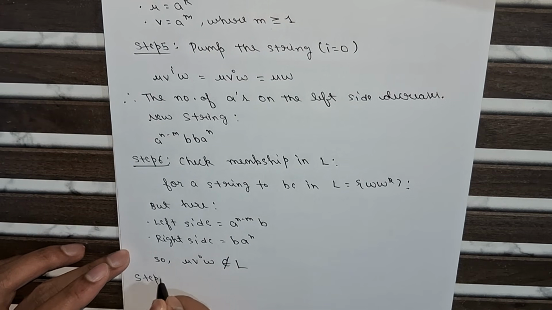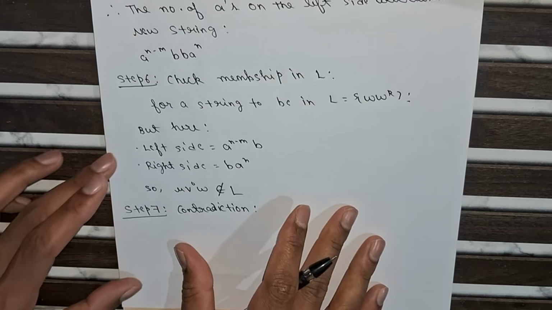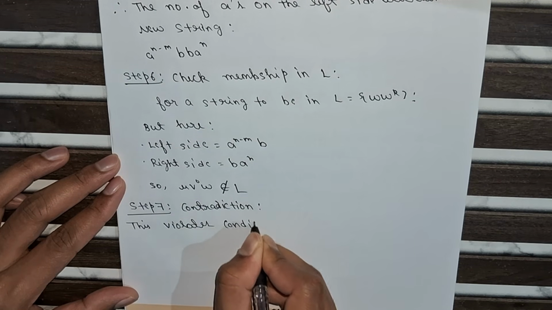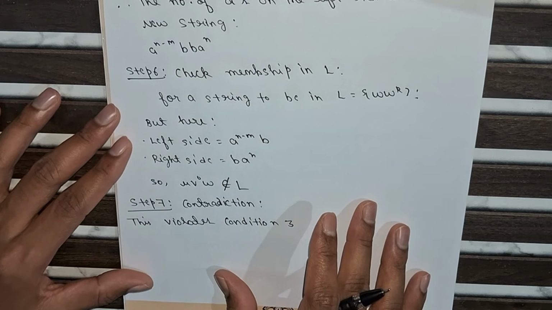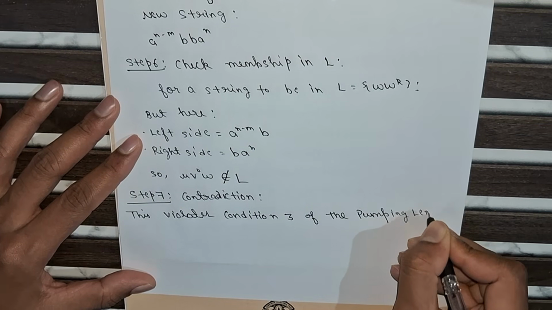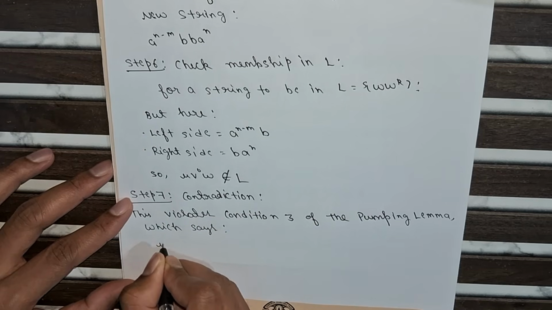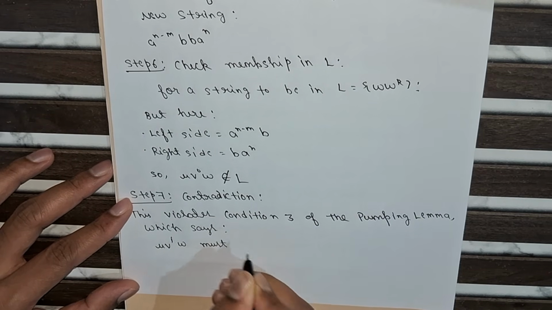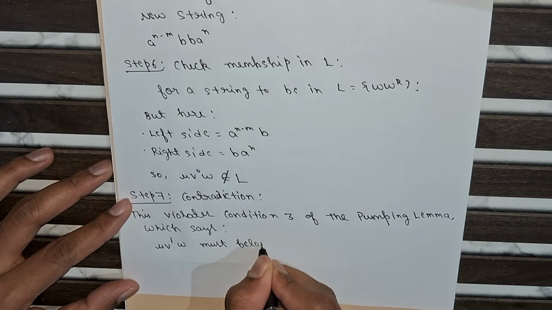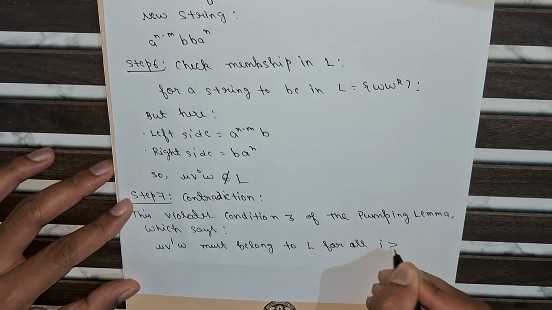Now step 7 is the contradiction. This violates condition 3 of the pumping lemma, which says u v^i w must belong to the language for all values of i greater than or equal to 0.